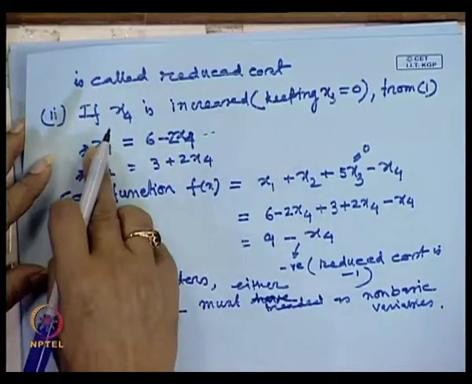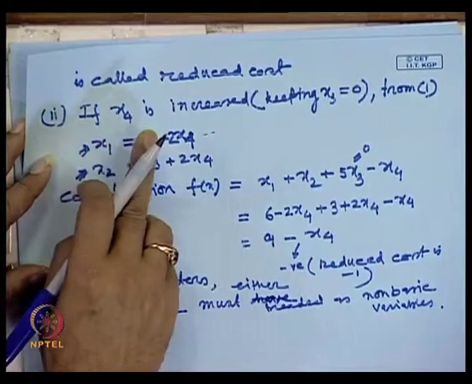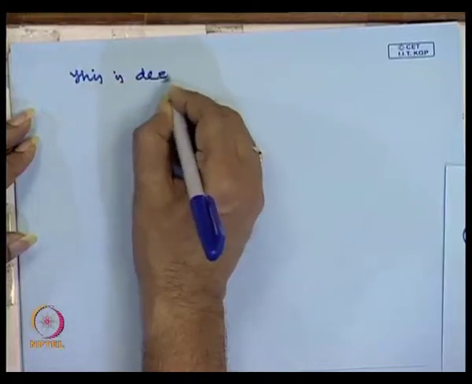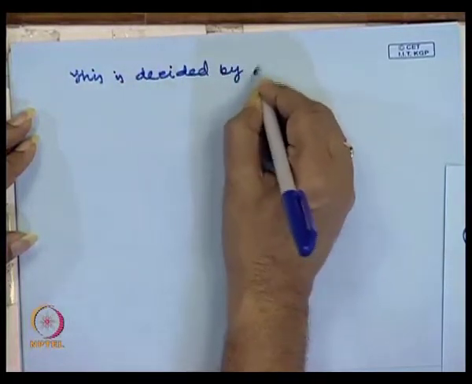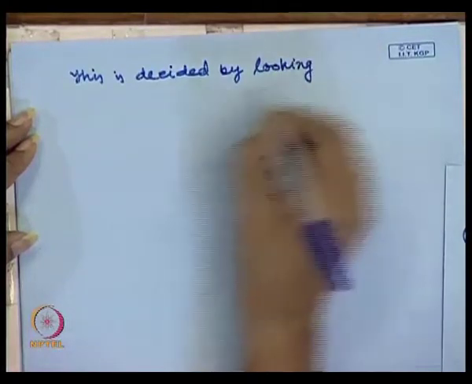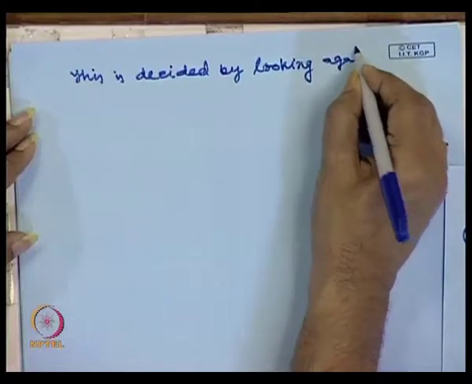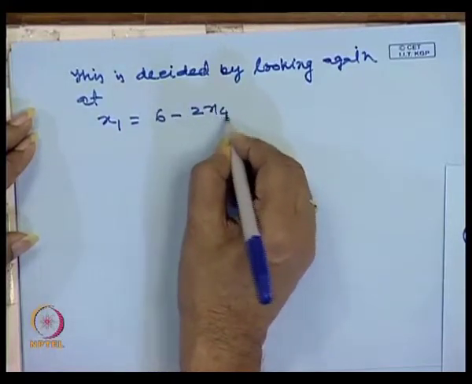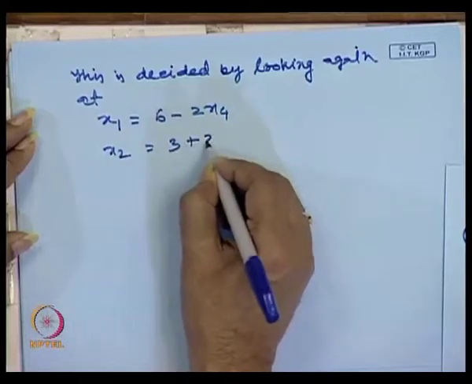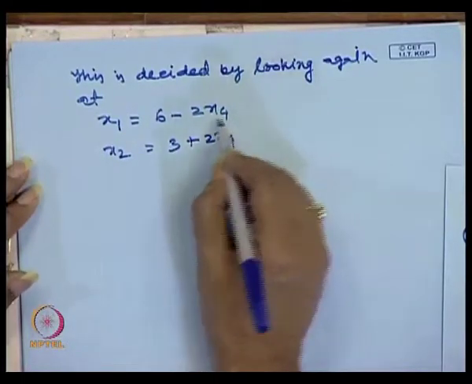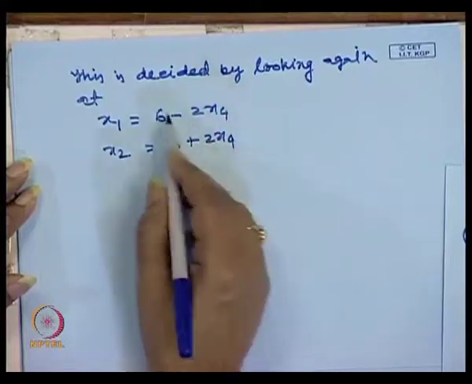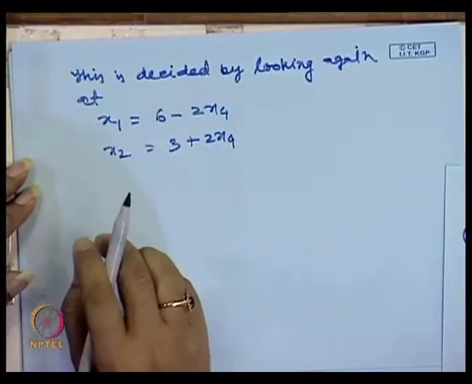So, this is decided by looking again at this expression, x1 is equal to 6 minus 2x4 and x2 is equal to 3 plus 2x4. If we increase x4 to 3, then x1 will be 0, but there is no chance of x2 becoming 0.